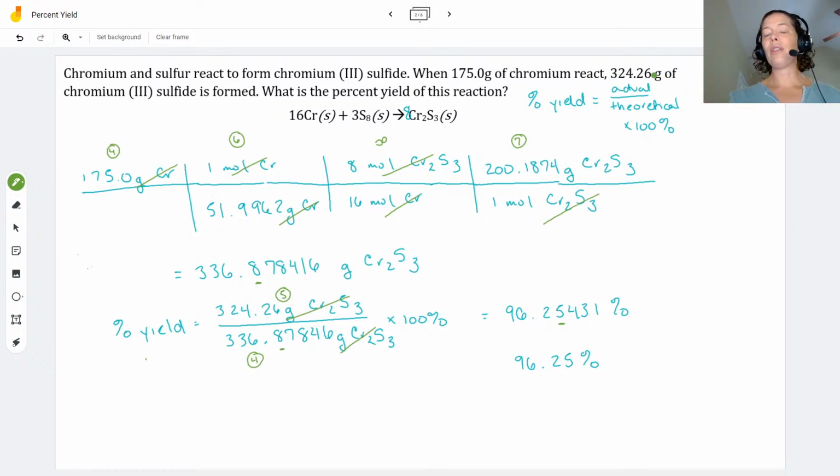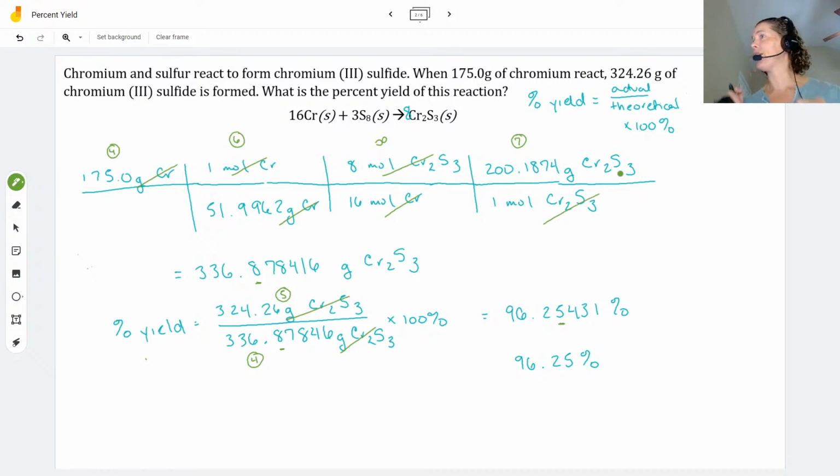So I could have converted this grams into moles and ditched this last step on the stoichiometry problem. That's totally fine. You can absolutely do that. You just want to make sure for your percent yield that your units in your numerator and your denominator match exactly, not only grams, but also whatever compound or species you're talking about.